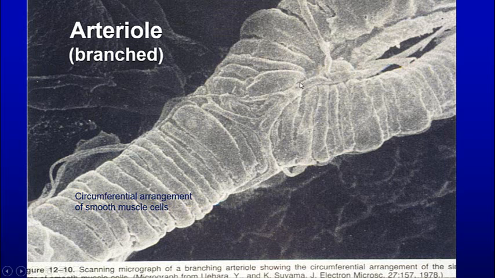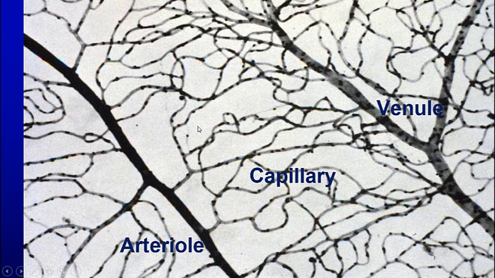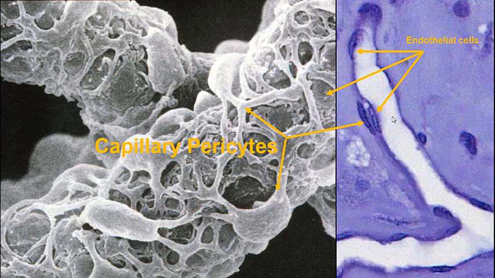Arteriole, we can see one's branched here, and we can see the smooth muscle cells surrounding it in the media. So if you have an arteriole, it gives rise to capillaries, and they will grow into the venules. A lot of capillaries have pericytes, not parasites, but pericytes, which are cells that move along the basal lamina to kind of clean it out.